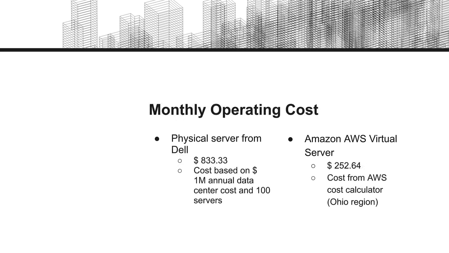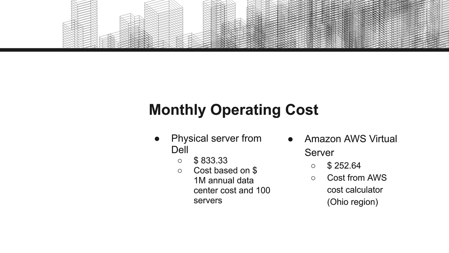So the last area we're going to look at is the monthly operating costs. For the physical server from Dell, this monthly operating cost is highly dependent on the environment that you have, so the size of your data center and the types of efficiencies that you have in your data center. What I used is a $1 million annual cost and 100 servers in that facility, and I simply allocated that $1 million on a monthly basis to one individual server.